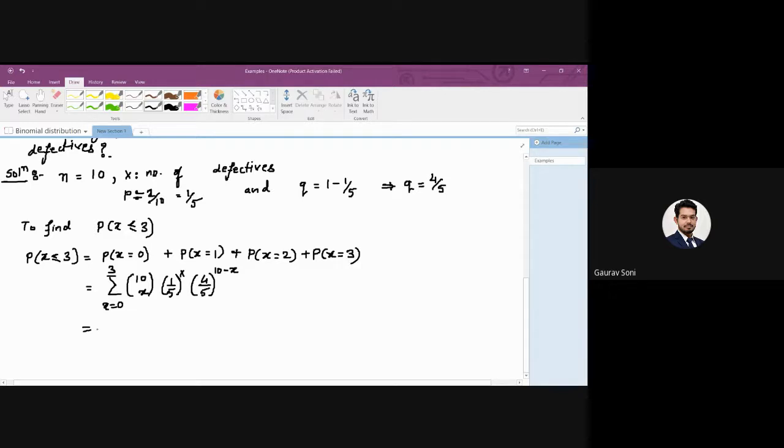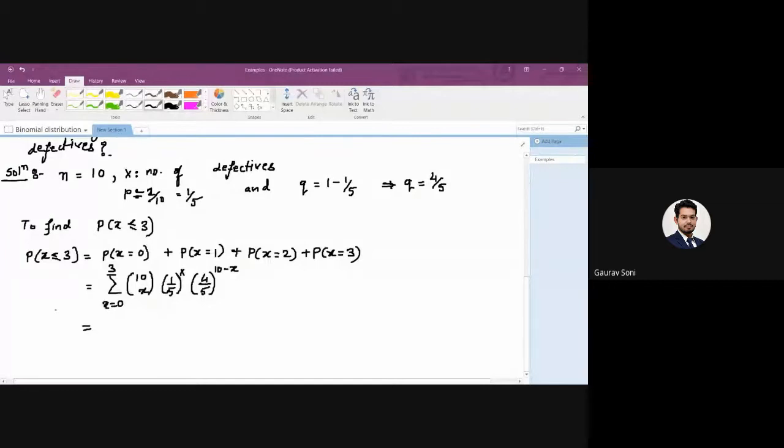What is the probability? Look, the choice is yours. You can find it for each and every term, but there is another way of doing it. As I said earlier, you enter this function in your calculator.